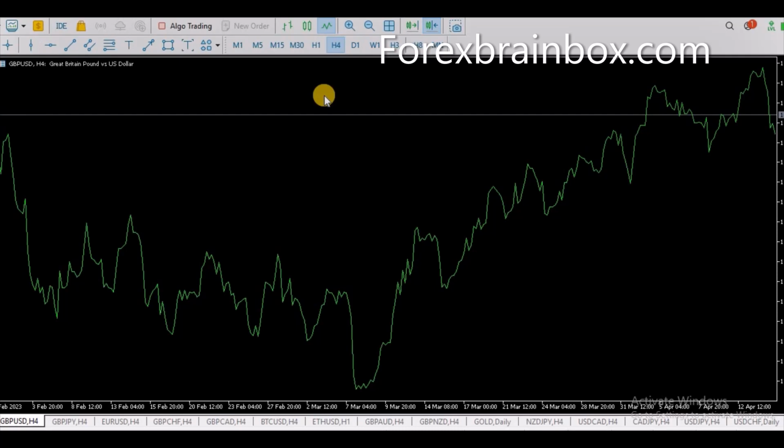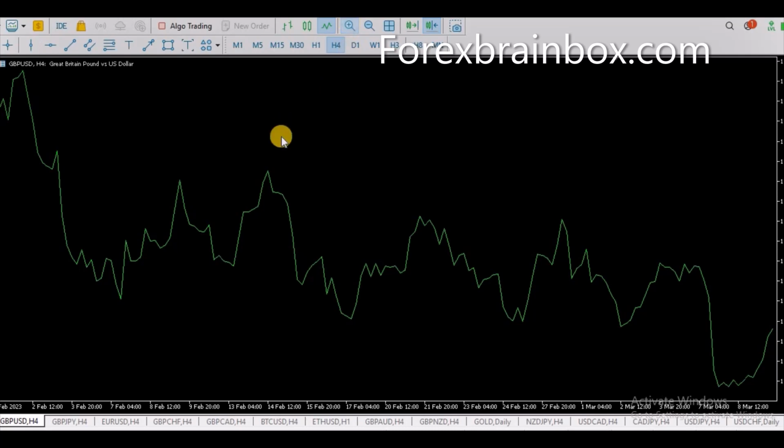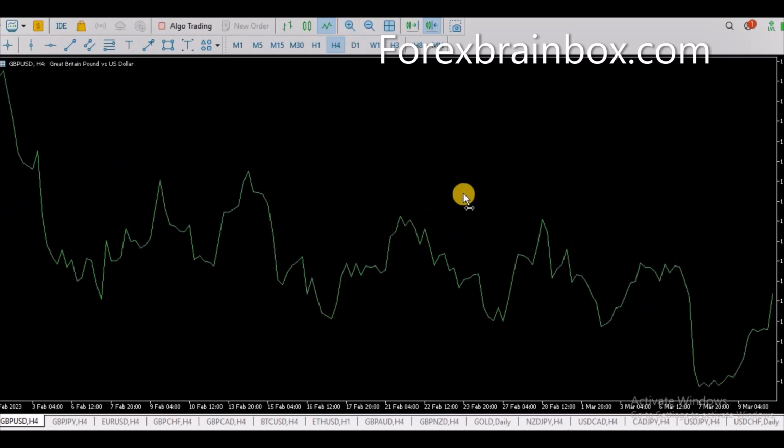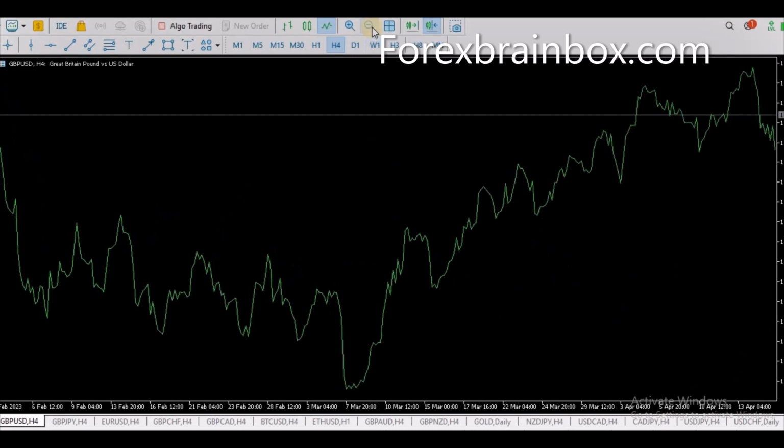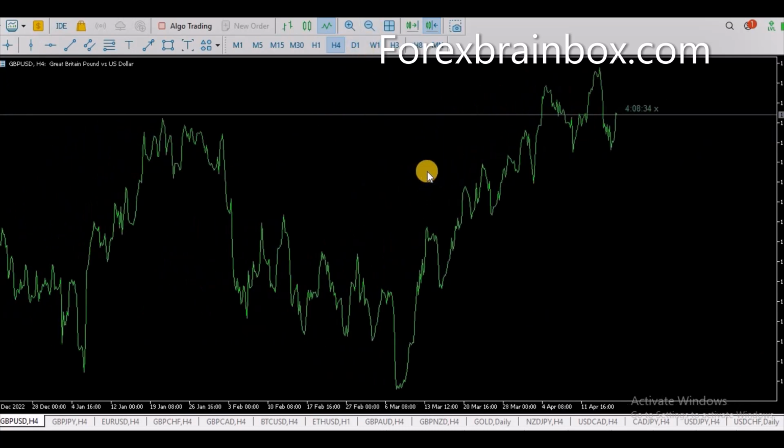We escape those arguments. The second one is you want to zoom out your charts. You want to shrink your chart. And of course, the reason you shrink your chart is because you want to see the market from a larger perspective.